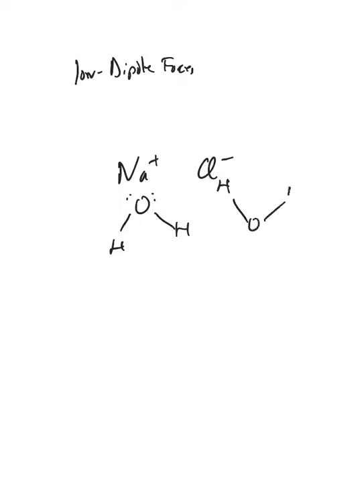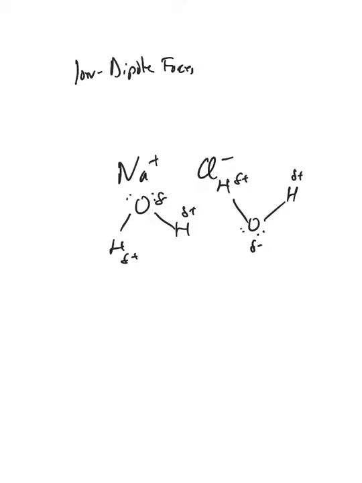And so an example of this type of interaction, we've got some ions like sodium chloride that are in water, and we've got some water molecules that have their partial charges.